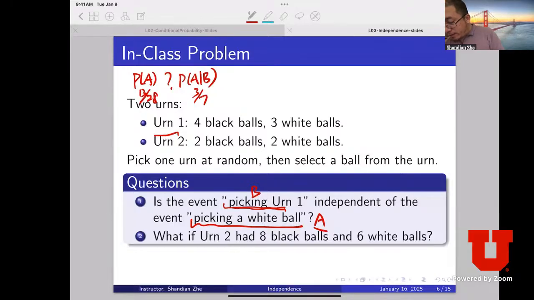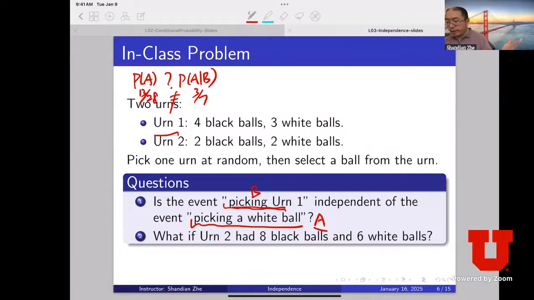And you see, obviously, these two numbers are not equal to each other, right? So A and B are not independent, A and B are dependent.